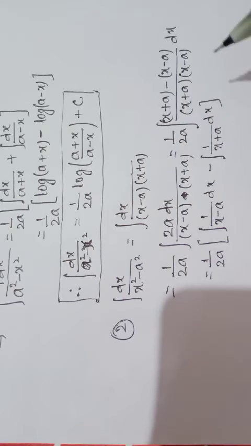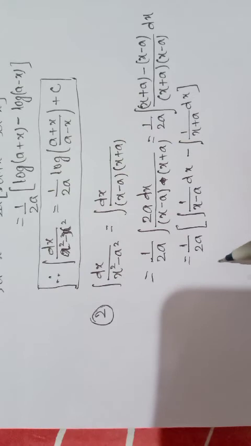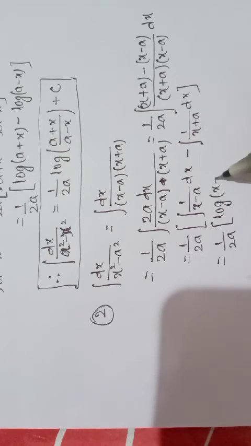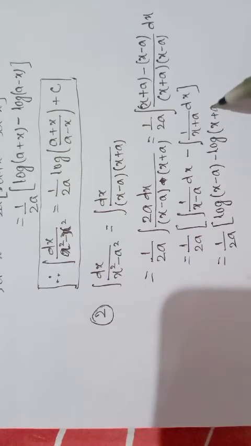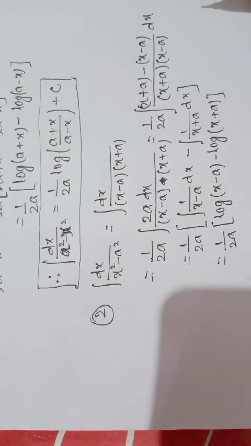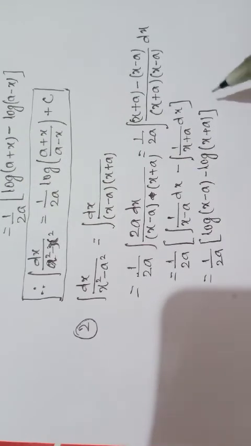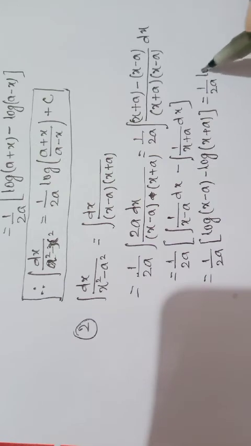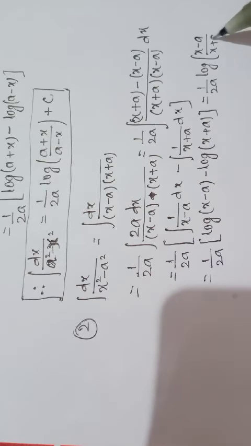Now integrate them. So after integration it should be 1 upon 2a, it is log of x minus a minus log of x plus a. Again apply the property of logarithm. So after applying the property of logarithm, it is 1 upon 2a log of x minus a upon x plus a plus the integration constant c.